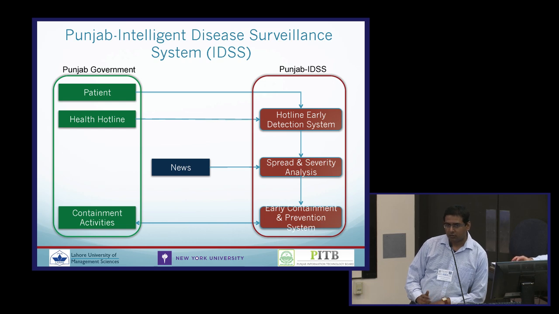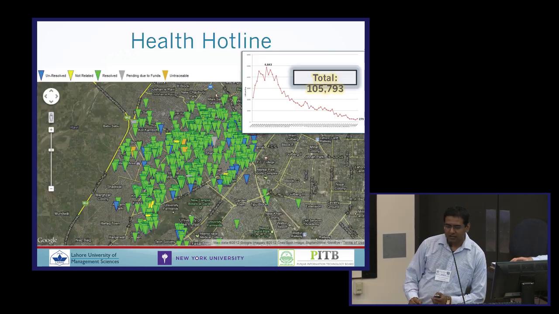Now, there is Google Flu Trends, Google Dengue Trends, and so on. What we are really trying to do is, can we predict outbreaks at a block level? Can I take New York City and take Chelsea and say, is there an outbreak happening in Chelsea? So what is really happening here is that there's a hotline and people call in.